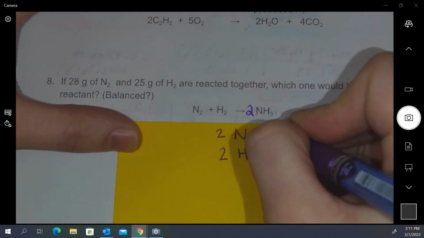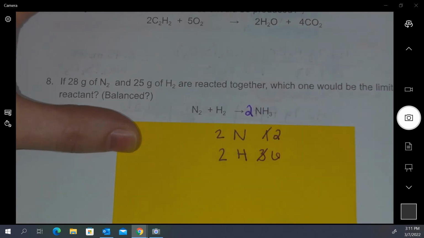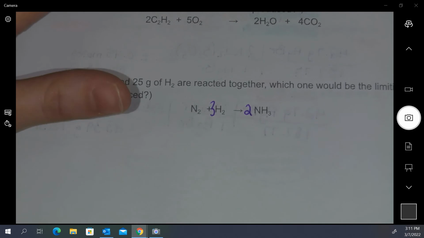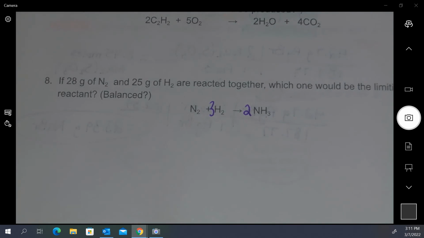Now I have 2 nitrogen and 6 hydrogen. What do I need to do to balance out hydrogen? A 3 here. Are we balanced? Now we're balanced. All right. 28 grams of N2 and 25 grams of H2. Let's look at these two numbers.